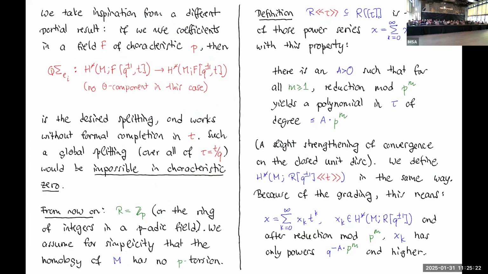Maybe we'll go back. Where did I have it? Right here. So I said you use the quantum Steenrod operation using these idempotents here, and that gives you the projections to the pieces.